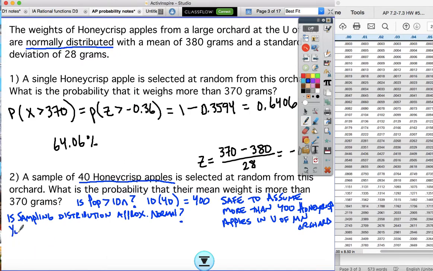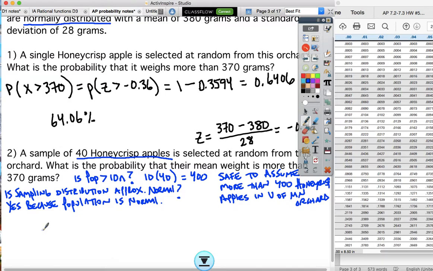So yeah, because the population is normal. Now, if it did not say anything about it being normally distributed, we would try and see if the central limit theorem applied. And in this case, it actually would because my sample size is greater than 30. But I didn't need central limit theorem because it said up in the problem it was normally distributed. All right, now I'm good to go.